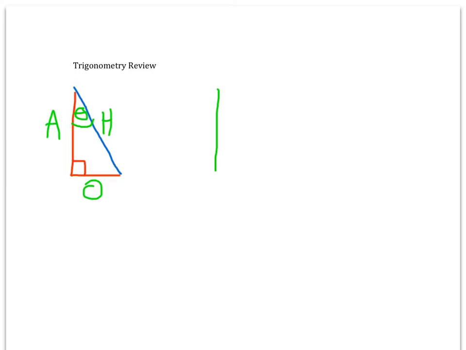And then you've got a side down here, and then we complete our right triangle here, and here is the right angle. So this is the hypotenuse. We measure the angle, in this case right there, so there's theta. This is the adjacent side, and this is the opposite side.